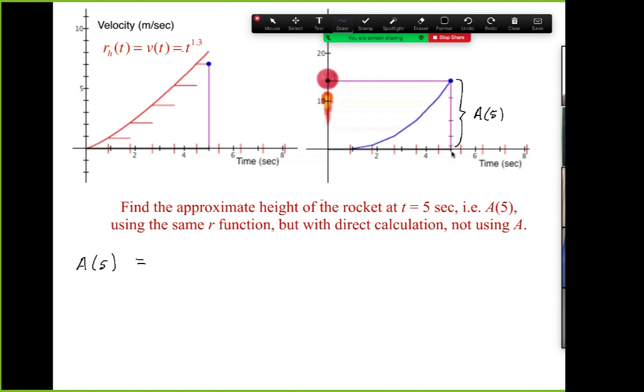So maybe, do you see these little tick marks? Maybe this is a hint. See these little tick marks here? Maybe that will help you figure out, where does a of 5 come from? The accumulated height at 5 seconds based on constant rates.